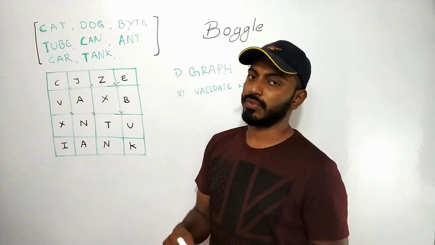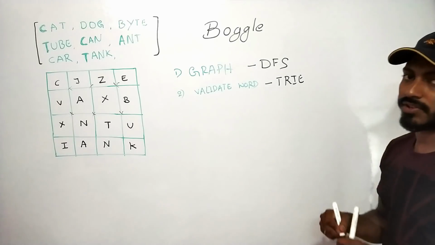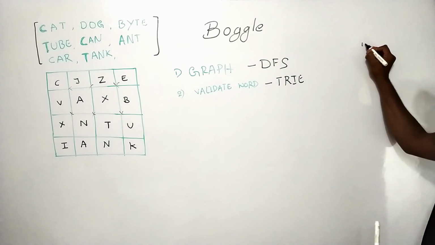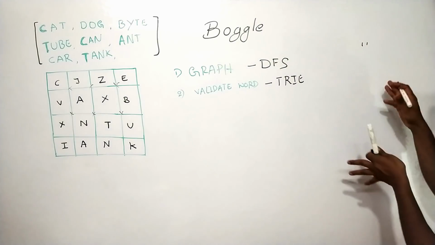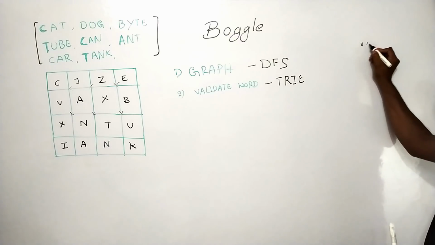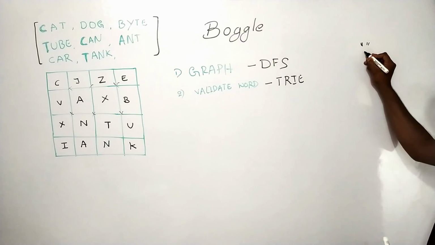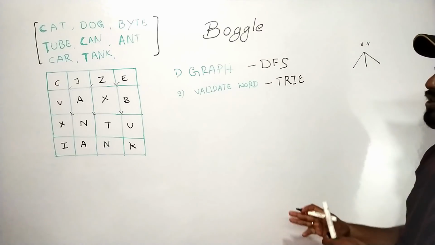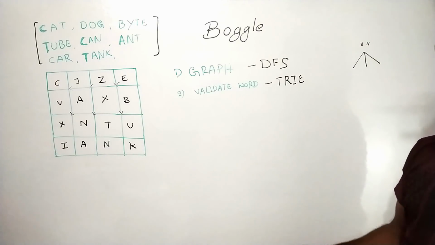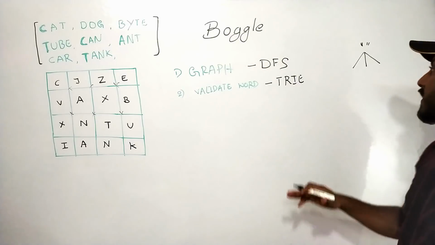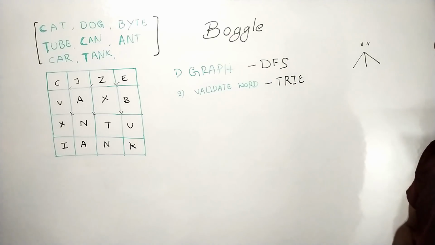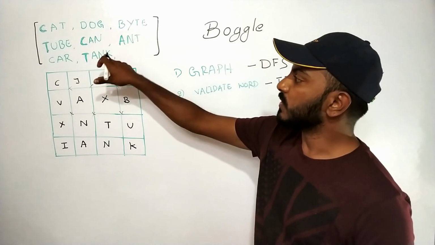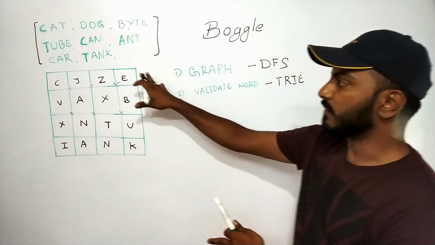Okay, how do we do that? Every trie data structure starts from a space as the starting node. Consider this is a space. How many nodes does the space have? It can have as many nodes as there are letters in the English alphabet, that is 26. But in our case, it is the different unique starting letters in these words.